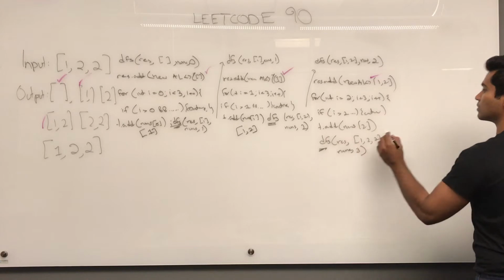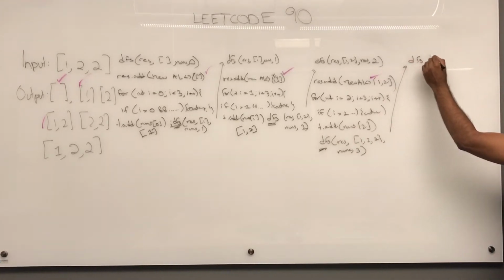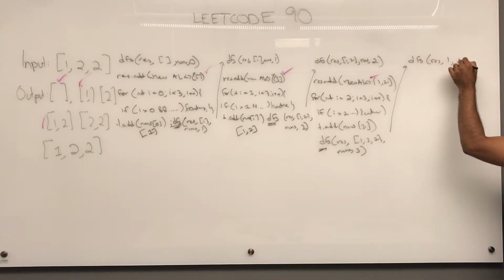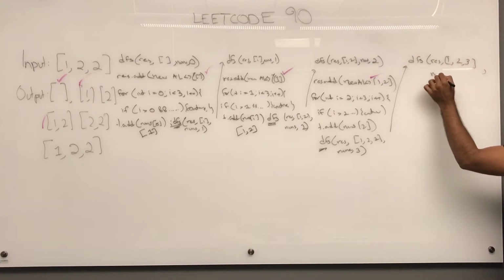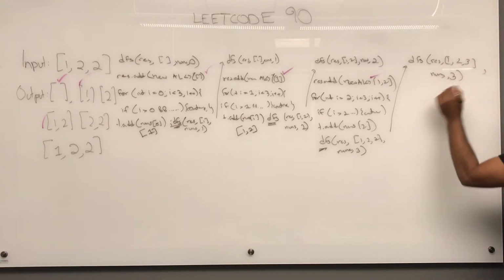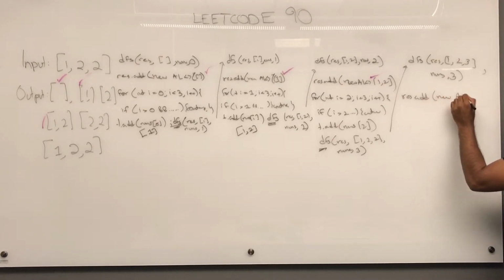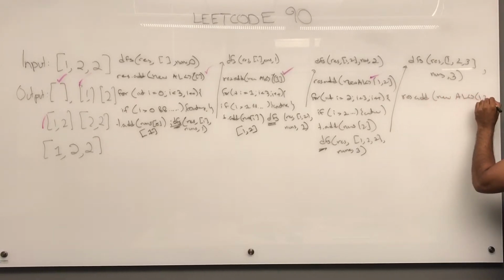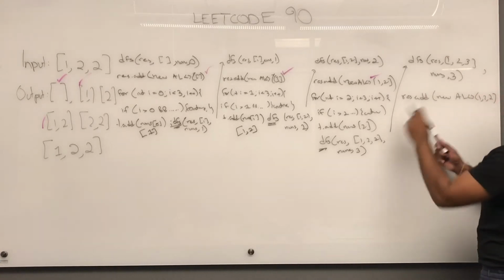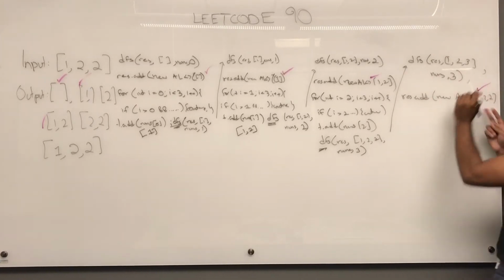Now this gets recursively called here dfs res 1 2 3 nums 3, and we add new al 1 2 2. This guy is here, and we get our final one here.